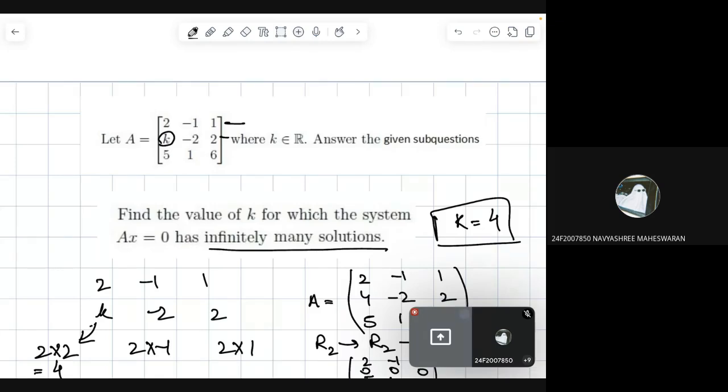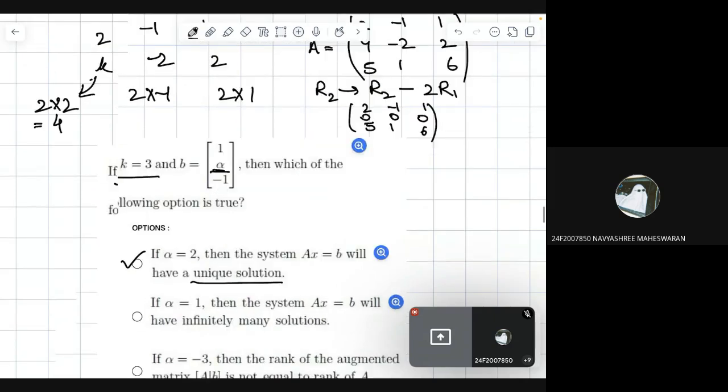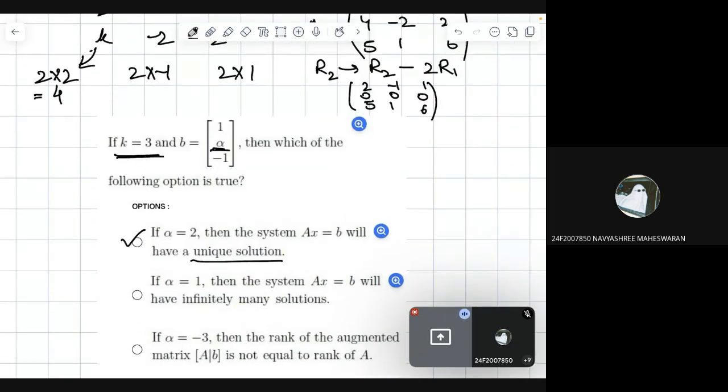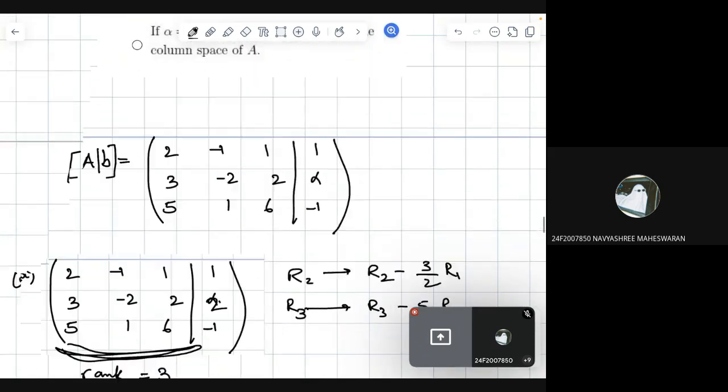The matrix A, we had an unknown entry in matrix A. This was k, and here we were given k as 3, and we have k already, and for B alpha is equal to 1, and we have to check, right?